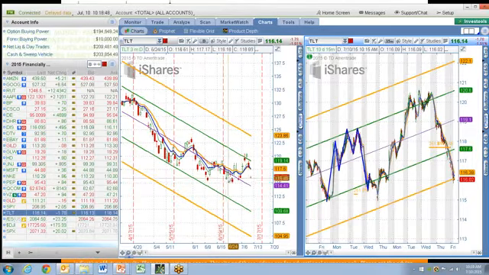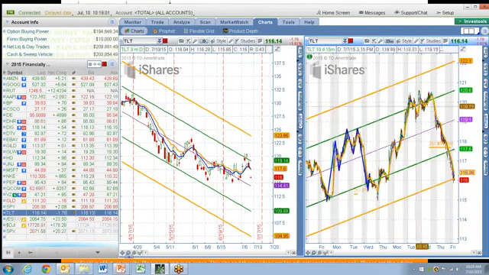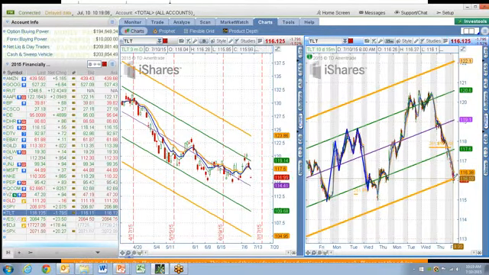And then the plus or minus 2 standard deviations, 95% of all prices are contained within that. On the very short term, looking at 10 days, 15 minutes, you can get a really good feel for when it is overbought and when it is oversold.